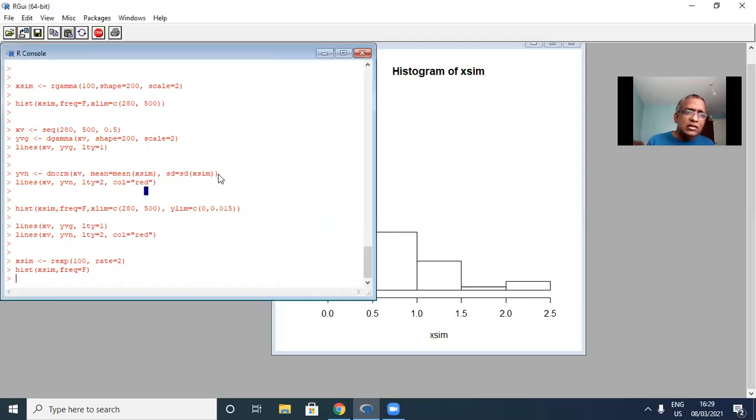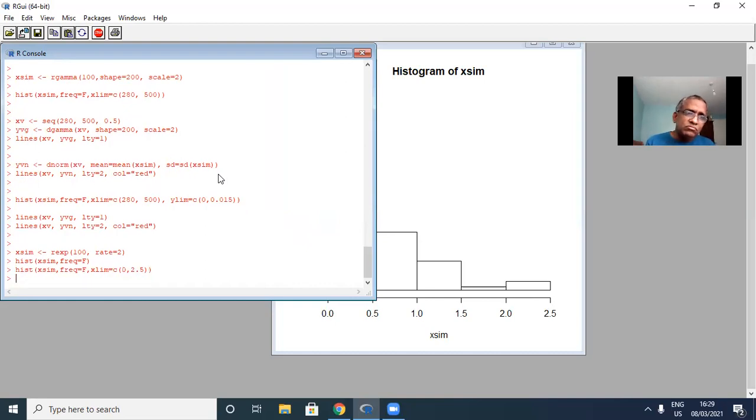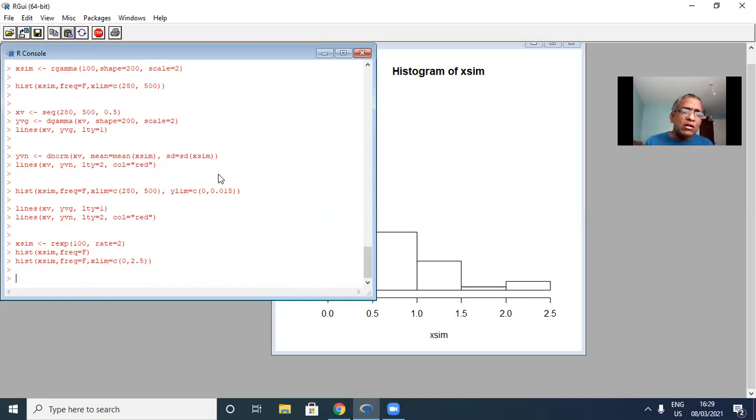So let me specify it. So xlim is 0 to 2.5, okay? All right, now, on top of this, I'm going to plot the density of the exponential distribution.